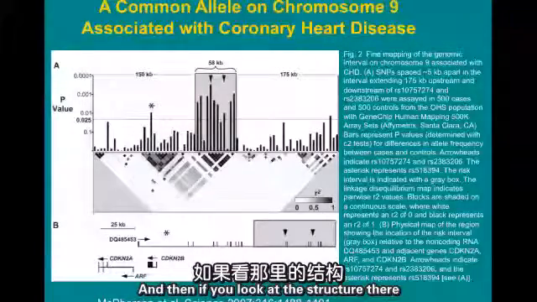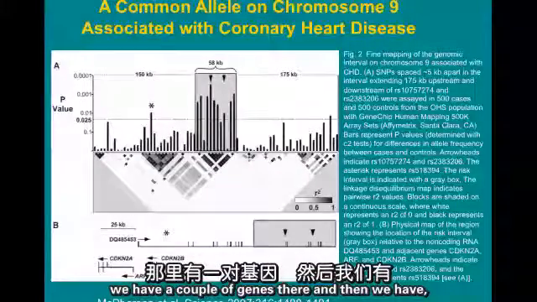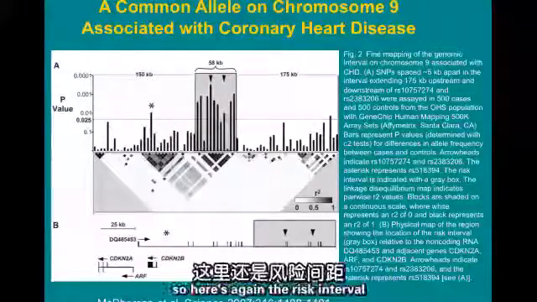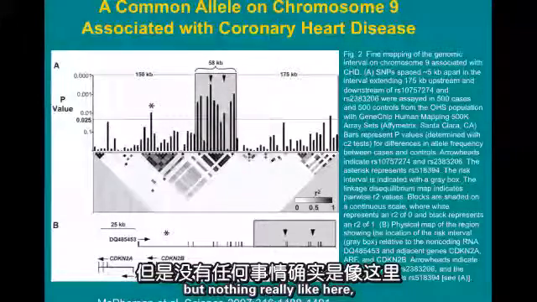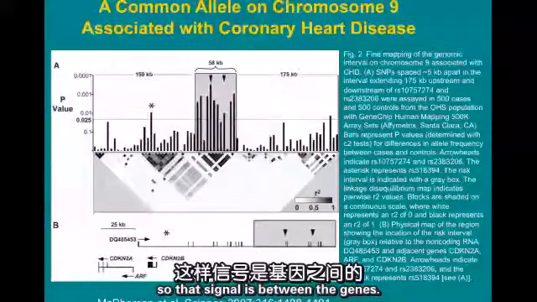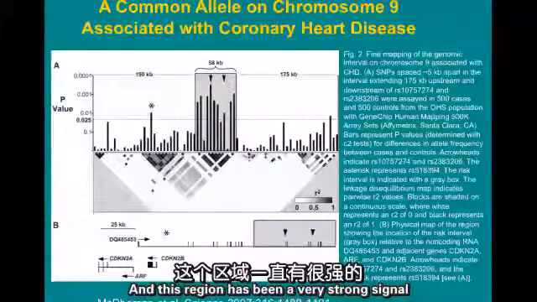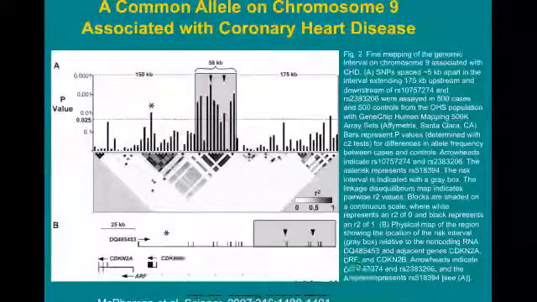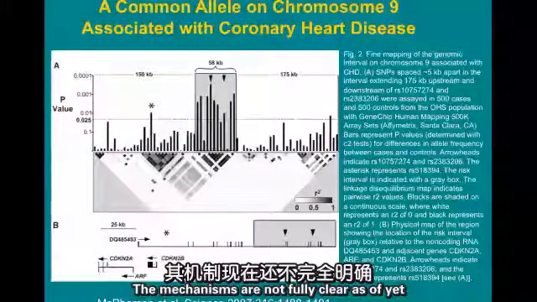If we look at the structure, we have a couple of genes there. Here is again the risk interval, but the signal is between the genes. This region has been a very strong signal for coronary heart disease. The mechanisms are not fully clear as of yet.